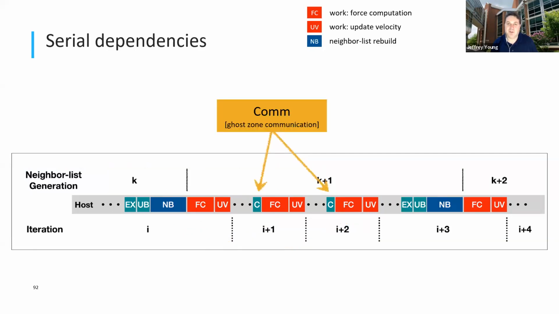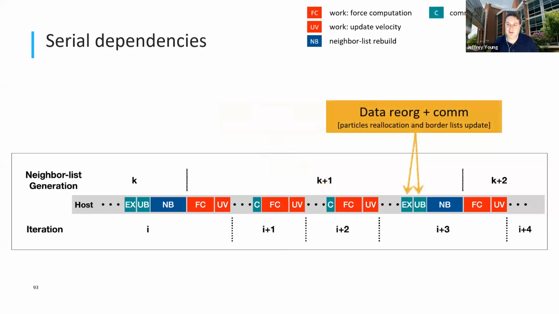Then we have things like communication across MPI processes, and also additional data reorganization and communication across processes that comes about because of particles moving between different parts of the simulation and across MPI processes.